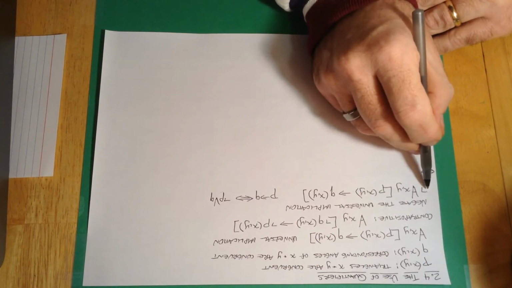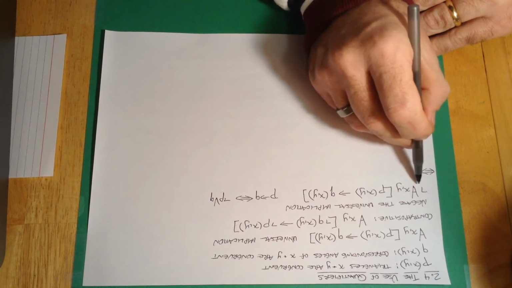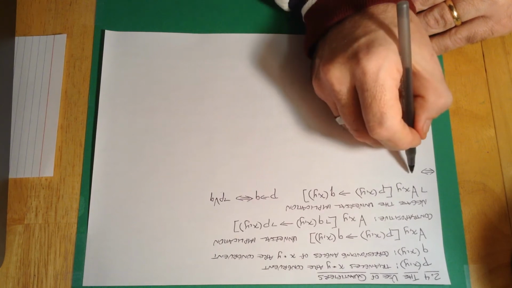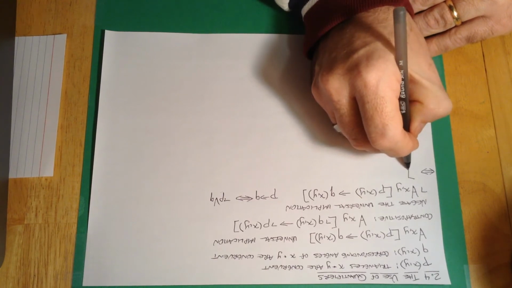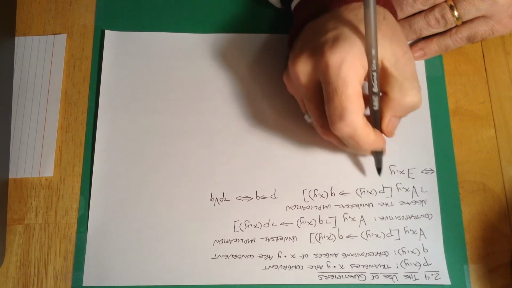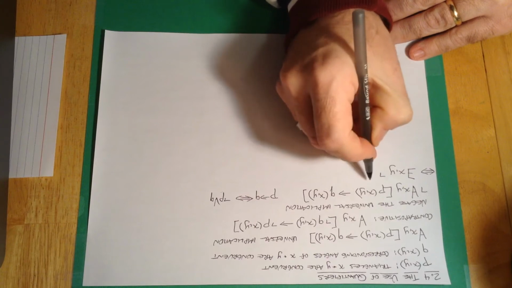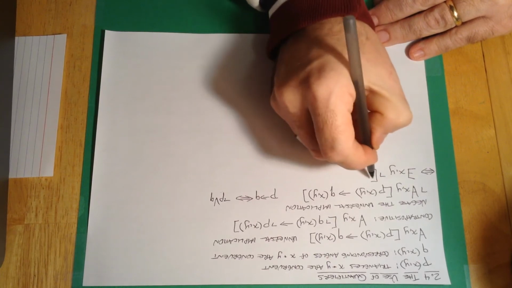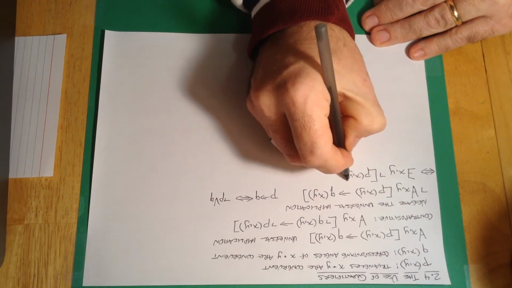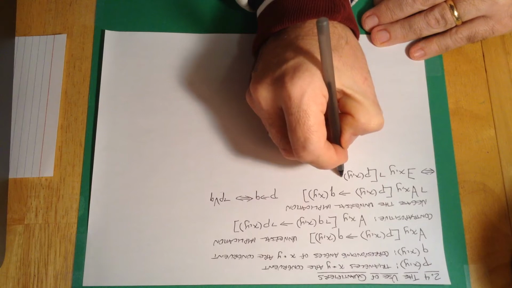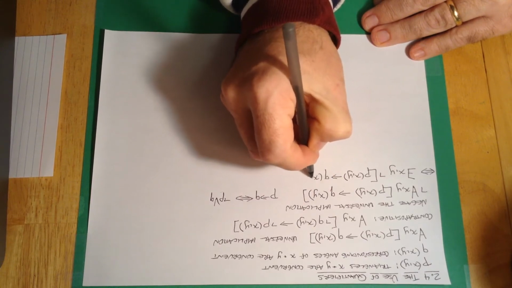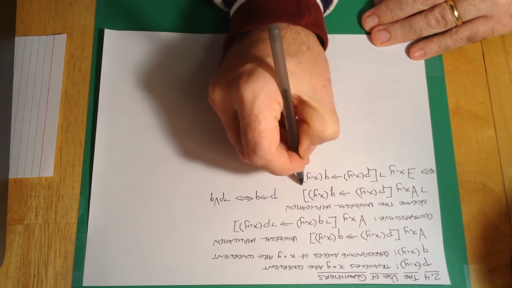The negation of, if it's not the case that for all x and y triangles, then that means that there's at least one pair of triangles x and y where it is not true that when two triangles are congruent, then you have corresponding angles of x and y that are congruent.